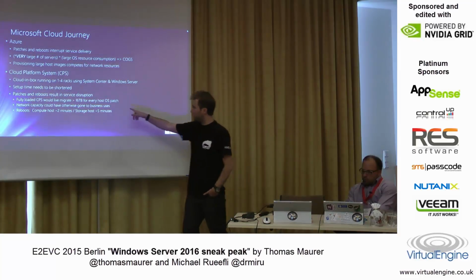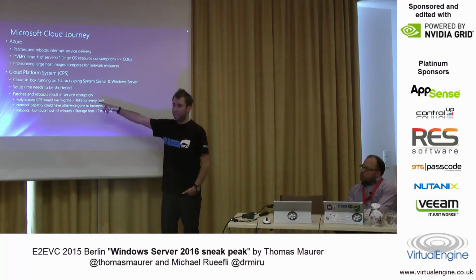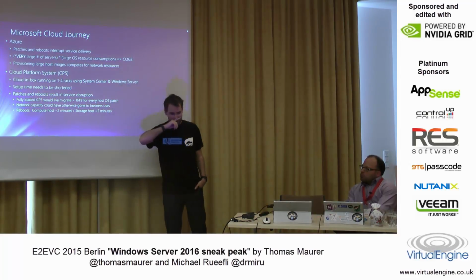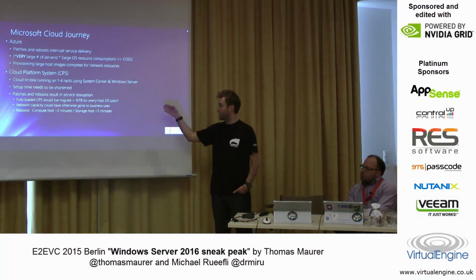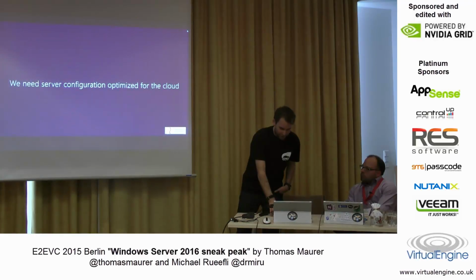One number: if you have a fully loaded CPS, which means about 8,000 VMs, and you have one patch which requires a server reboot, you're going to have to move 16 terabytes for that patch. So you can see the impact of rebooting hosts and everything like that.